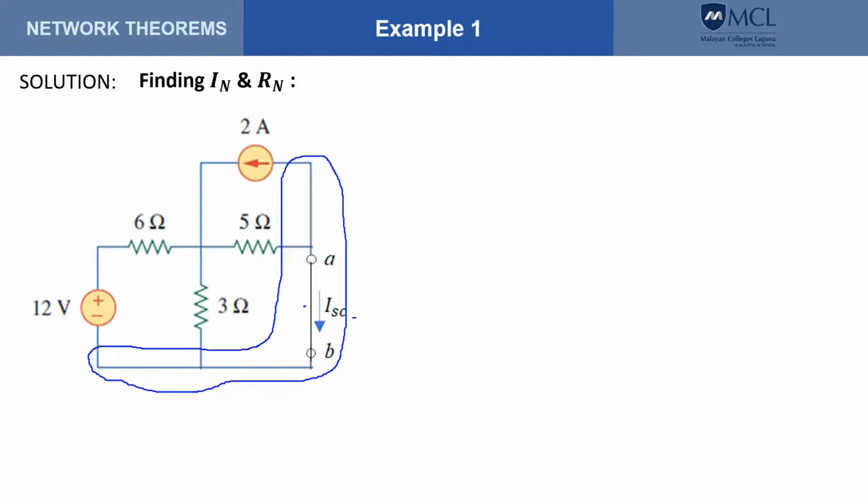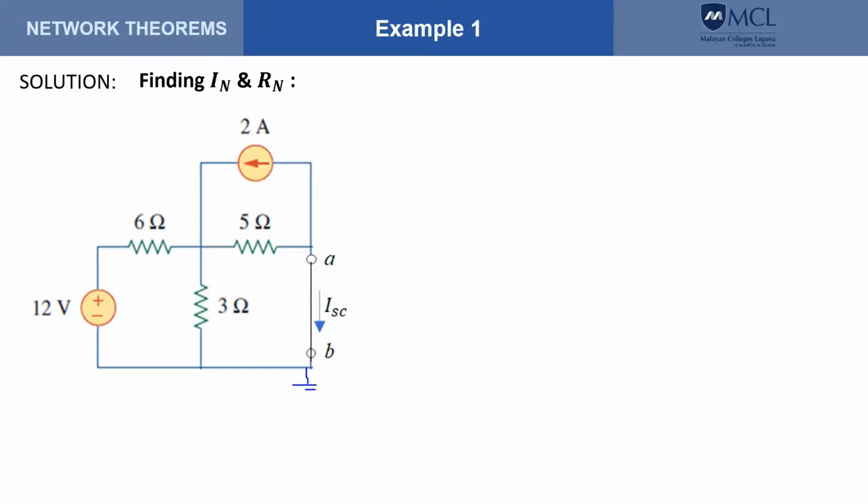So let me apply a nodal analysis to determine our current I sub SC. Let me make this my ground node, and then let me draw the branch currents.